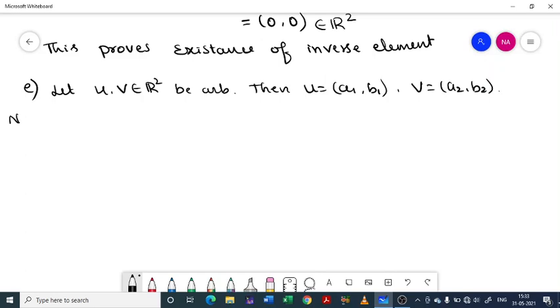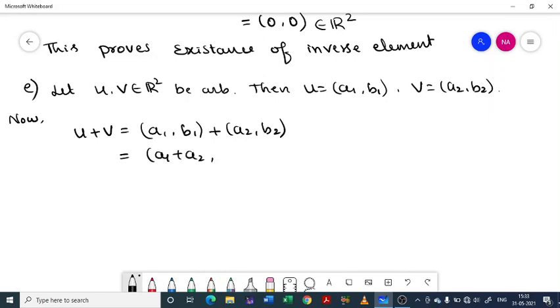Now u plus v will be equal to a1 b1 plus a2 b2, which is by definition a1 plus a2, b1 plus b2, where a1 plus a2 and b1 plus b2 are real numbers.